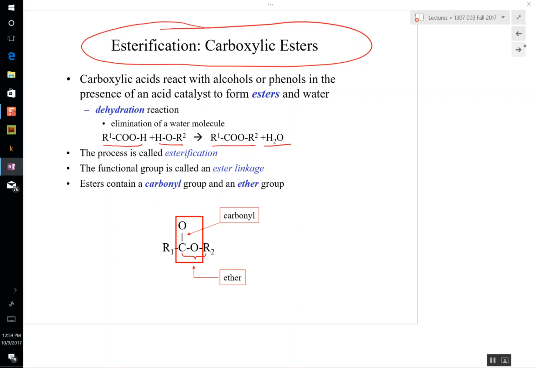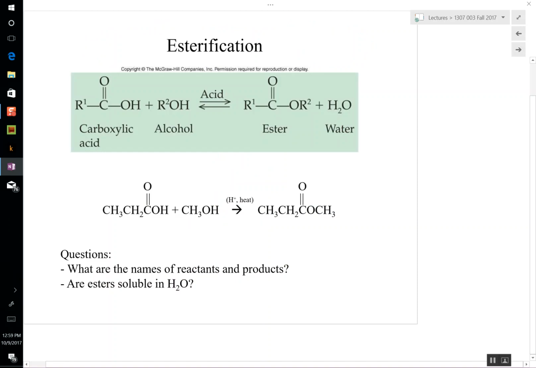It's a dehydration reaction. You'll see that a little better right here. So here's a good general statement of the esterification reaction: a carboxylic acid plus an alcohol yields an ester plus water.